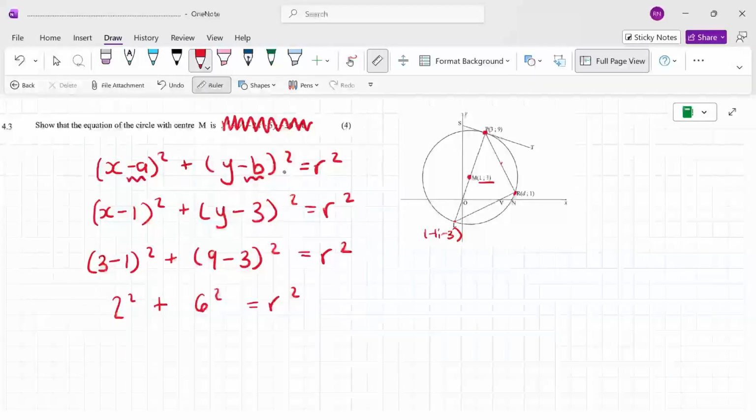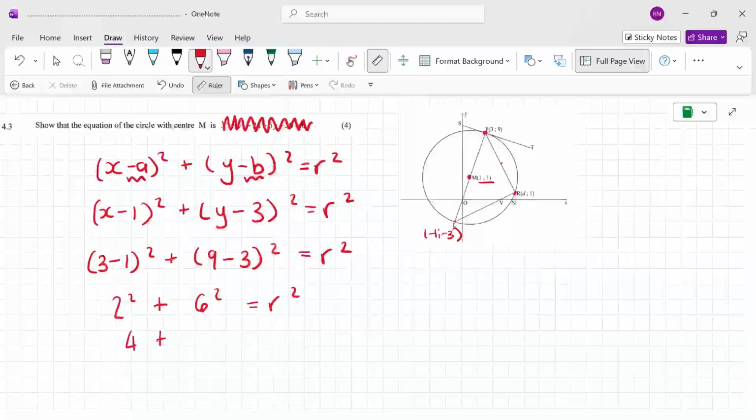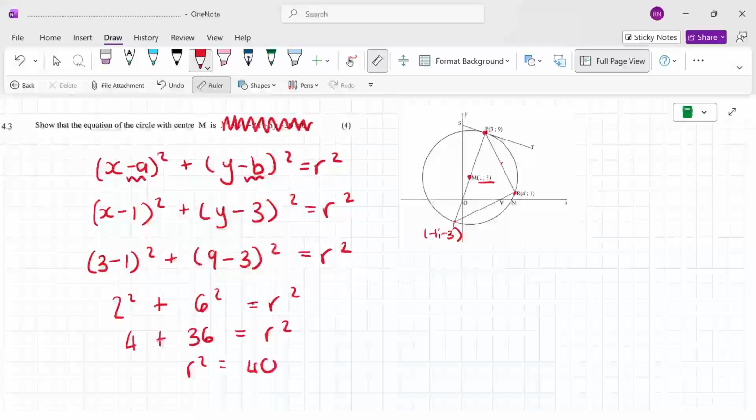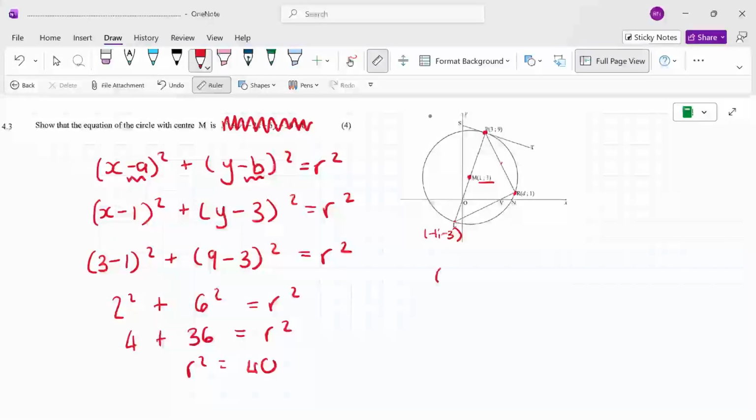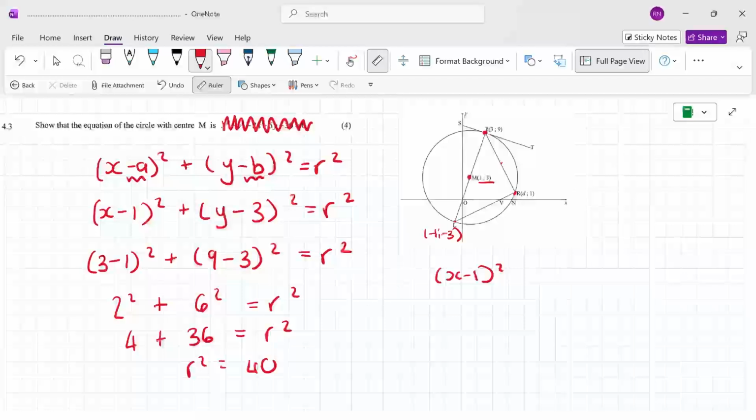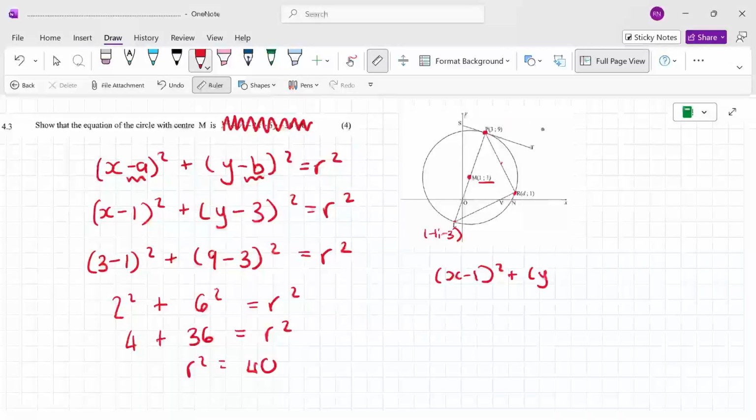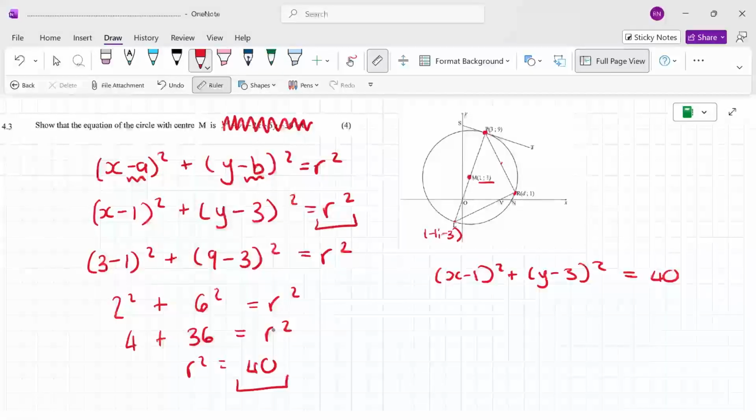So this gives me 4 plus 36 is equal to r squared. R squared is equal to 40. And so we can write our equation now as x minus 1 squared plus y minus 3 squared is equal to 40, because we need to keep it as r squared, so we can just keep it as 40.